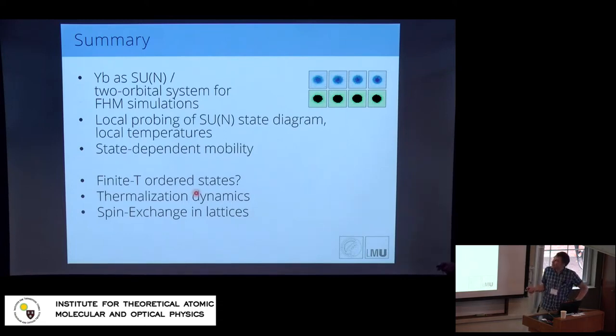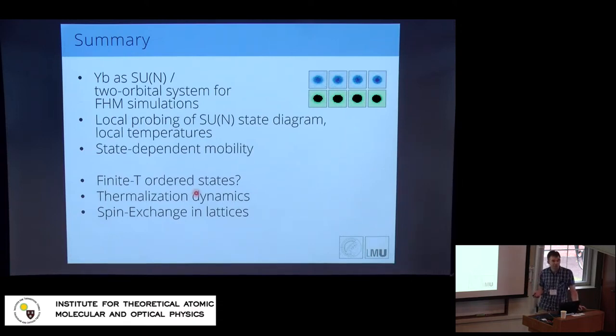And right, to summarize, I wanted to advertise alkaline-earth atoms, and in particular for us ytterbium, as a system to have more extended Fermi-Hubbard models where we can get these additional properties: orbitals and extended SU(N) symmetries. Of course, we are not the only people doing this.